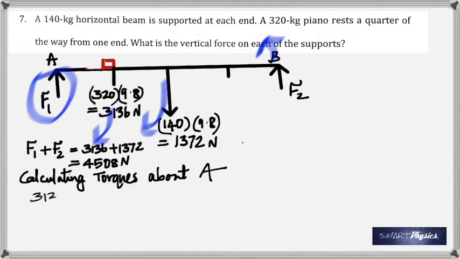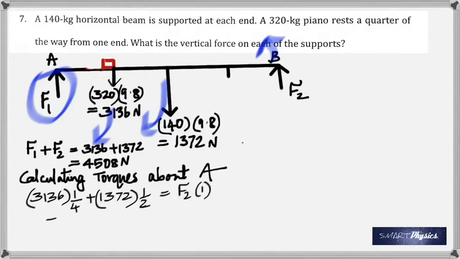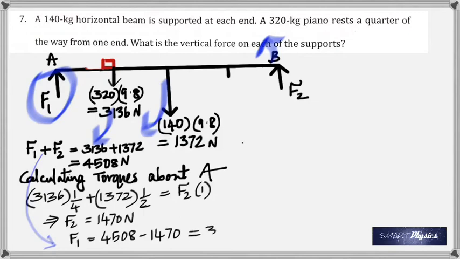Therefore, 3136 times this distance, which is 1/4, plus 1372 times 1/2 should be equal to F2 times 1. Now I've considered that the total length of this beam is 1. So when you calculate, you get F2 is 1470, and take it back into the first equation and you get F1.